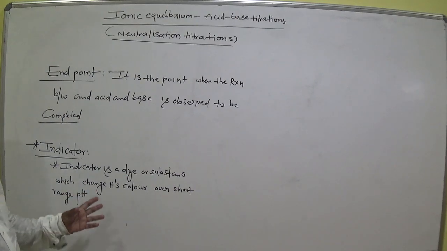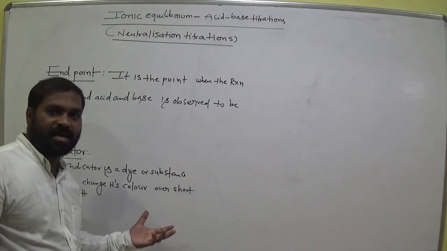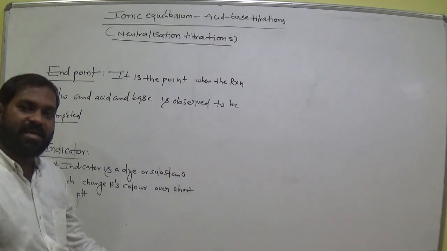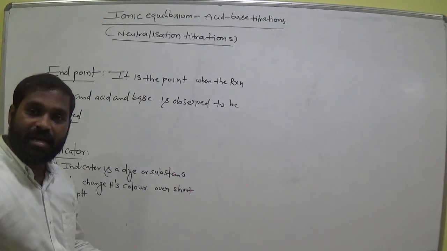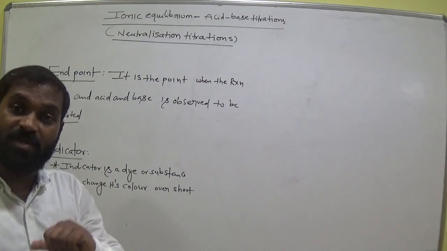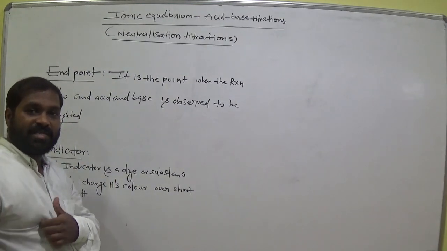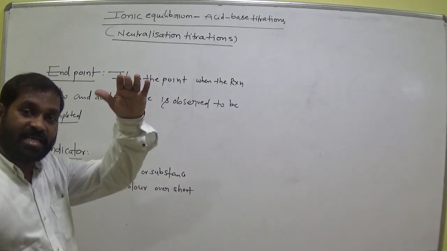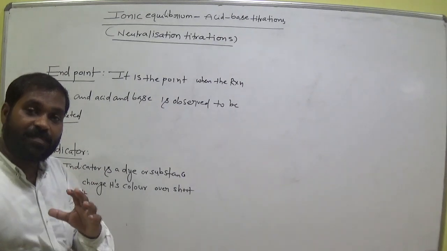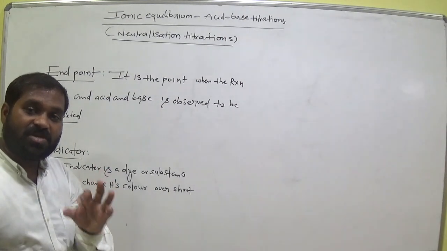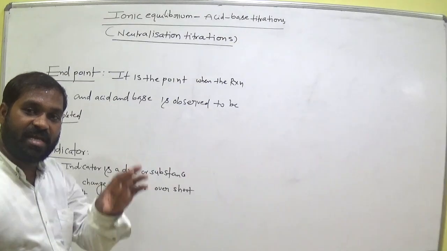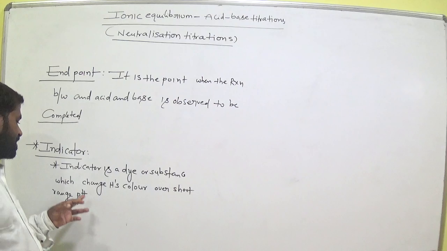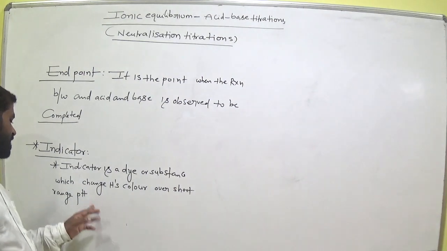So the indicator changes its color at a particular pH. If the pH value changes at a particular pH, it changes its color. Okay, by this color appearance, we can identify the end point in the conical flask. When we add 1 or 2 drops of indicator during the titration of an acid and base, at a particular pH it changes its color. So now we can stop the titration and note down the reading from the burette. Okay, is it clear? So an indicator is a dye or a substance which changes its color over a short range of pH.